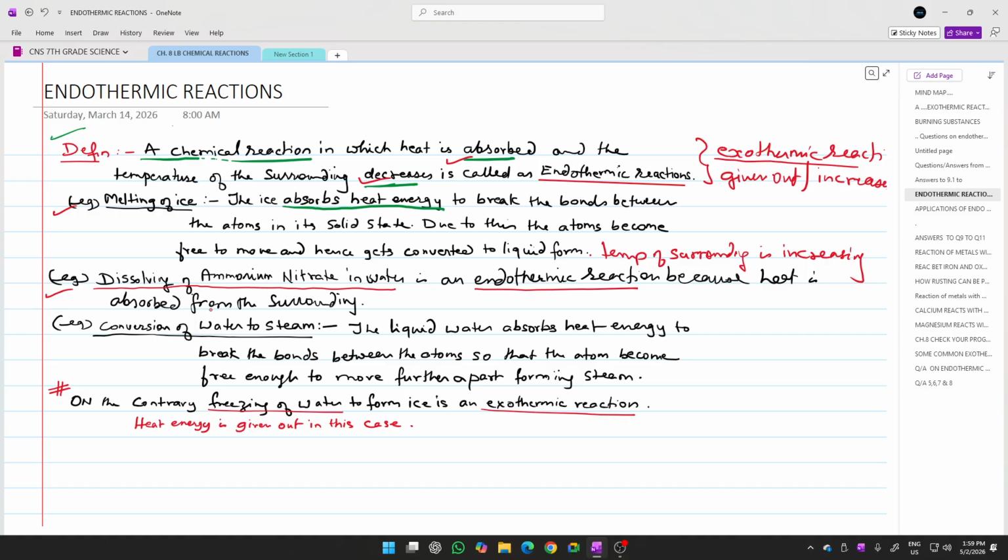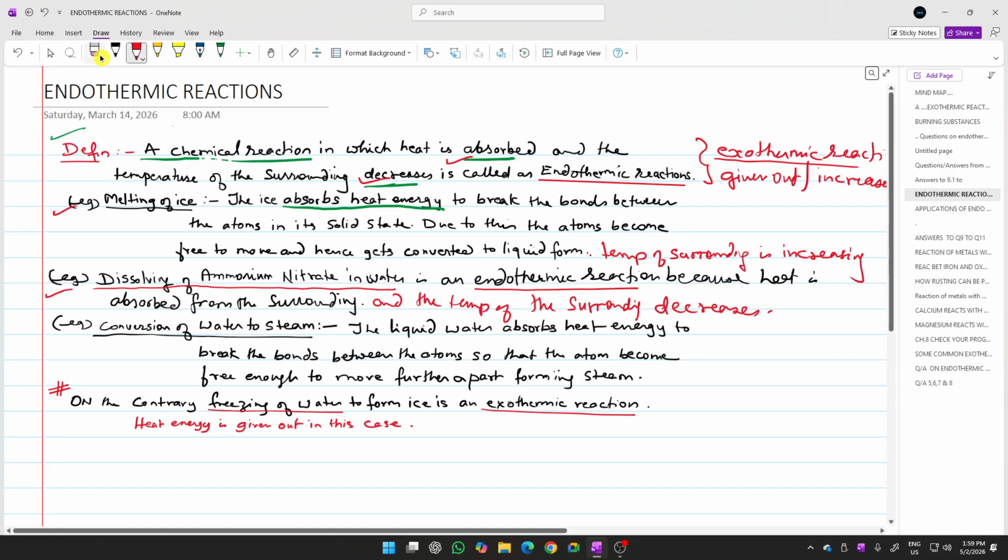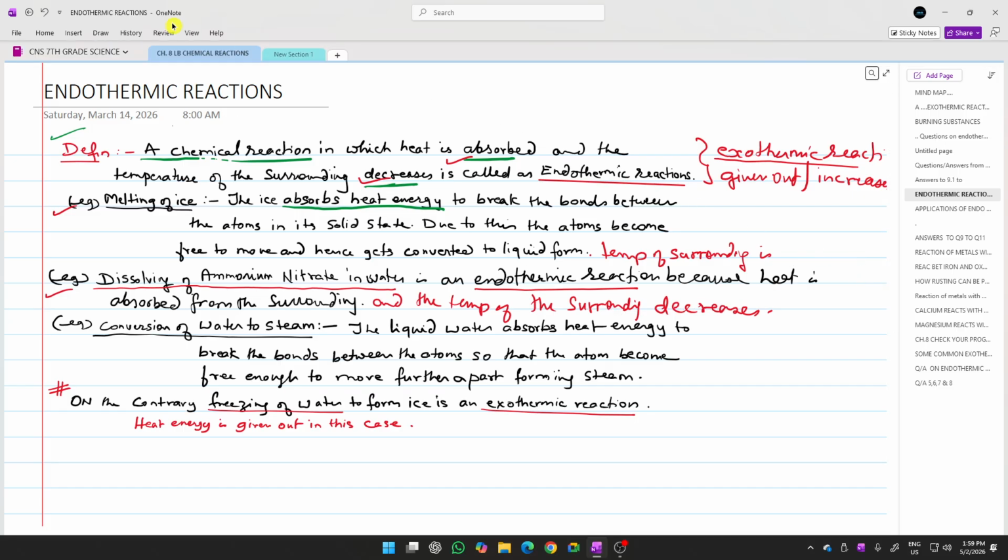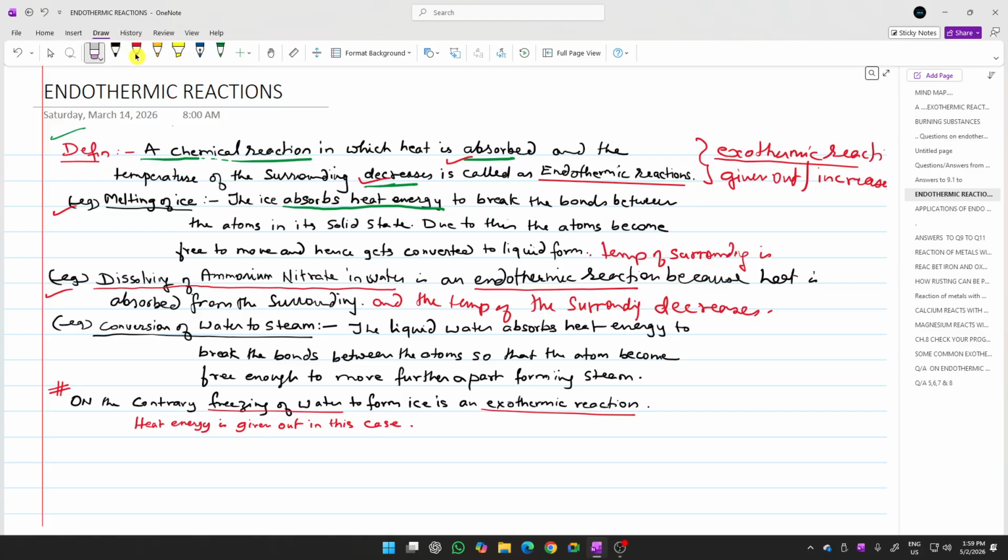Because heat energy is absorbed from the surroundings, and hence the temperature of the surroundings decreases. In an endothermic reaction, the temperature of the surroundings is always decreasing.